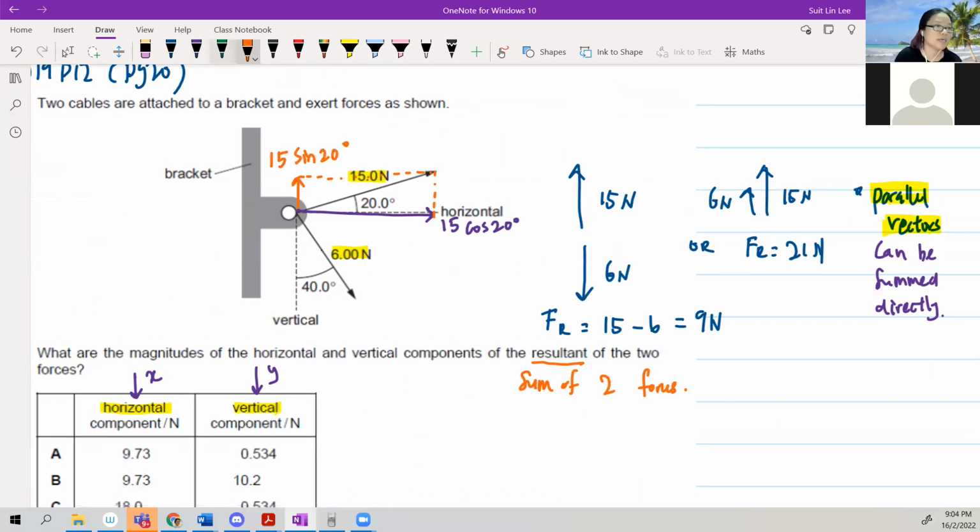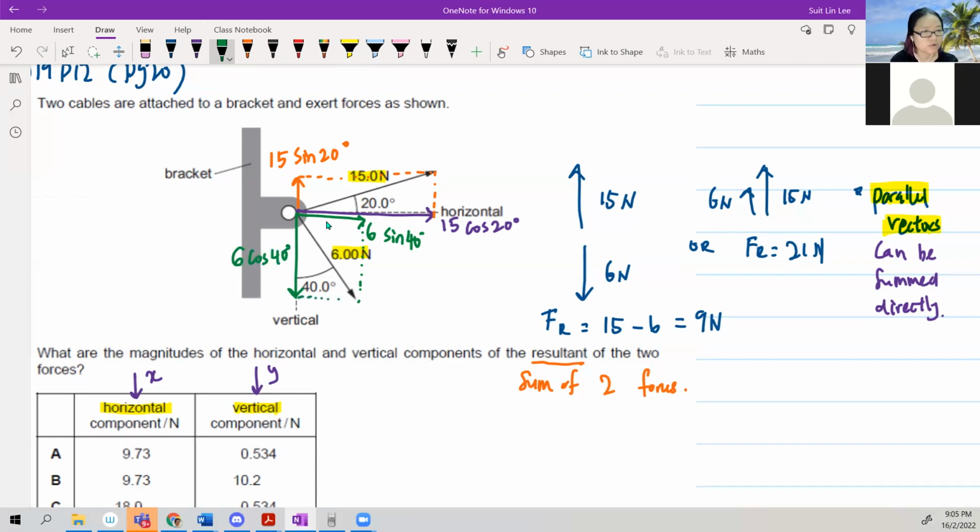Okay, we're going to repeat again for the 6 Newton. The 6 Newton here in the horizontal direction is the one that has no angle, right? You see here, there is no angle. So if there's no angle, we use sine, so this will be 6 sin 40, as it's opposite the angle. All right, and then there is definitely one pointing down. This is right beside the angle, so this will be 6 cos 40.